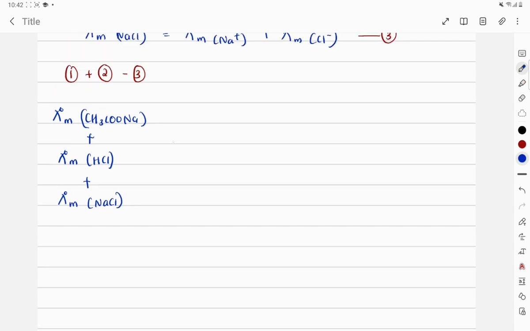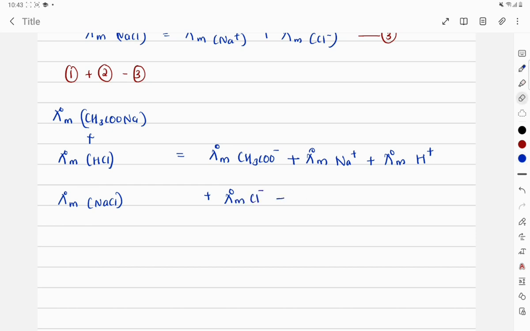Now the sum of these three, their LHS will be lambda 0m CH3COO minus plus lambda 0m H plus, first let's write Na plus, lambda 0m H plus, lambda 0m Cl minus.